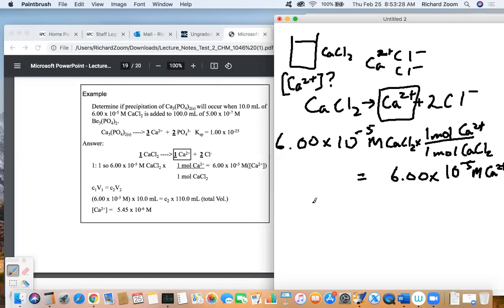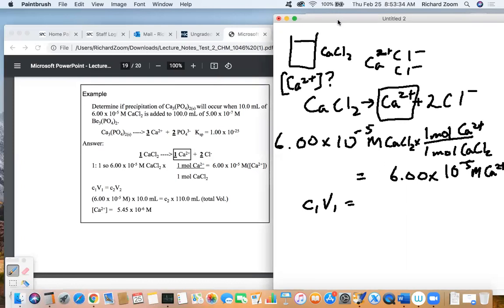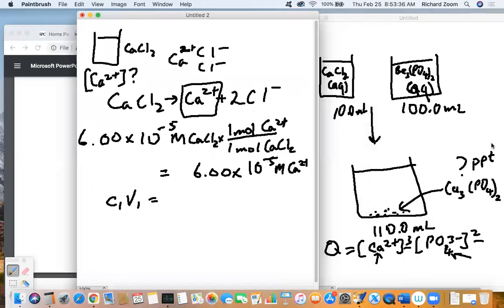The other thing we have to do is then account for the dilution factor. Because if you remember, let's go back to the initial problem here. We take the initial solution, which I've already found the concentration of calcium 2 plus in there, and now it gets diluted down to 110.0 mL from 10.0 mL because we're adding two solutions together.